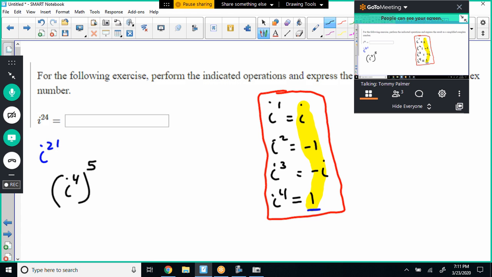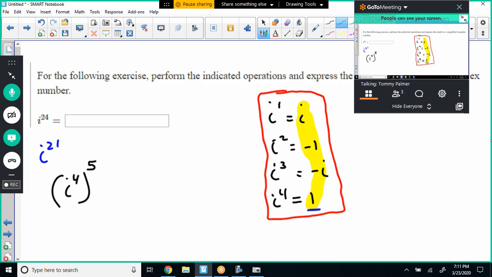Now, the previous example showed it going into it evenly with a remainder of 0, right? So if it has a remainder of 0, then the answer is 1, because it's just 1 raised to any power, right? But if it comes out as a decimal, meaning it's going to have a remainder of 1, 2, or 3, right?